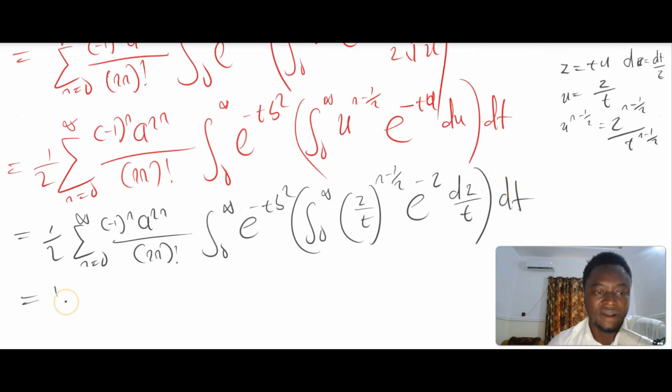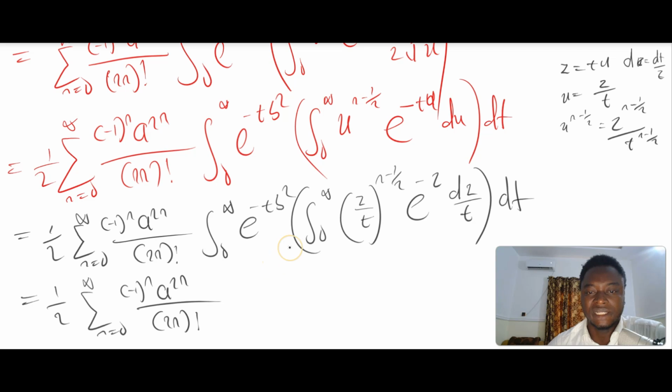So you will have half times the sum as n runs from 0 to infinity of negative 1 to the n a to the 2n divided by 2n factorial. And for over this side now, you would need to pull out the t. So you have a t to the power of negative n plus half, right? Then you add it with this t to the power of negative 1.